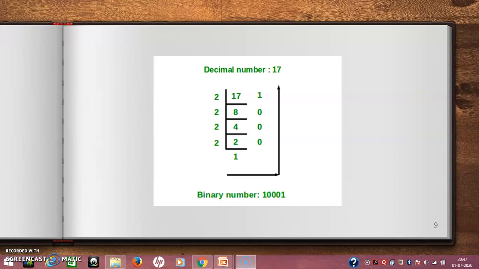Again, we divide 8 by 2, we get 0. 4 by 2 is 0. 2 by 2 is 0. And the last quotient is 1. So, to write the answer in binary format, we start from the bottom, that is considering 1, 0, 0, 0, 1. This is the way how we convert a decimal number into a binary number.